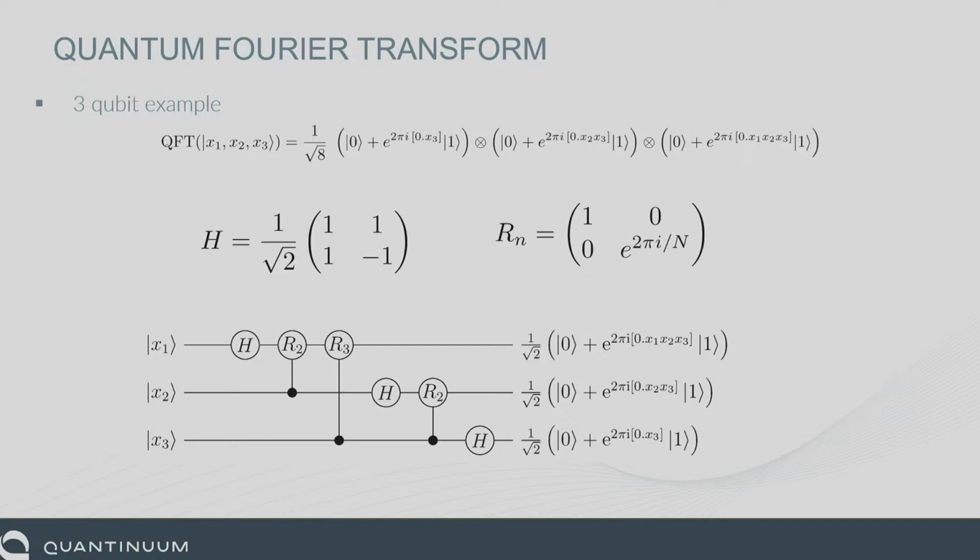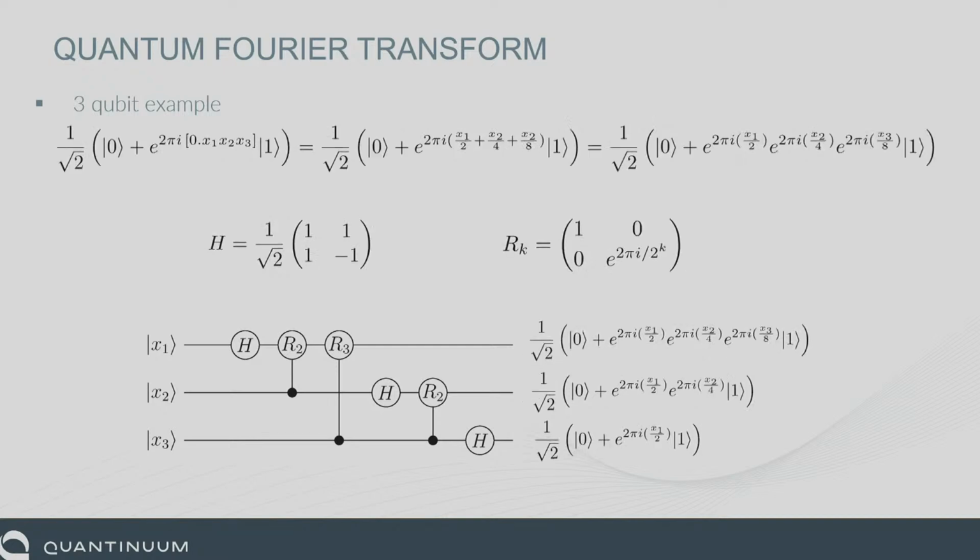Oh, yeah, I'm rushing through this, but when you expand the binary fraction, which is a sum, into its exponential terms, you can see where the quantum Fourier transform comes from, because you have an H. This is just two, this is an H, and this is e to the power 2, and 3 here. And you can see it acting on each qubit this way. Again, I encourage you to work through this.